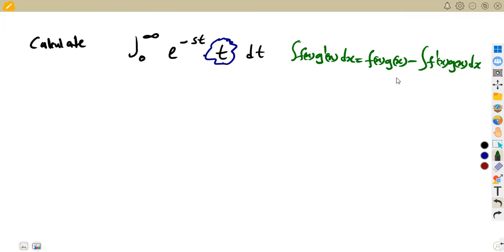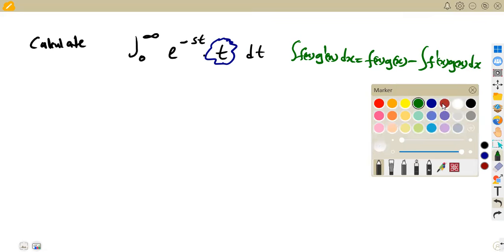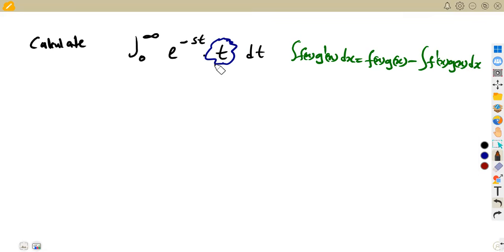You're supposed to know this, but you're given it in your formula sheet, so it's an advantage, whereby our f of x in this case is the part that we can actually differentiate. So we can choose to let this be our f of x. If you don't want to get confused, you can just rewrite this: from 0 to infinity, you start with the t, then you end up with e to the exponent of minus st dt, whereby this is your f of x, which is your f of t.